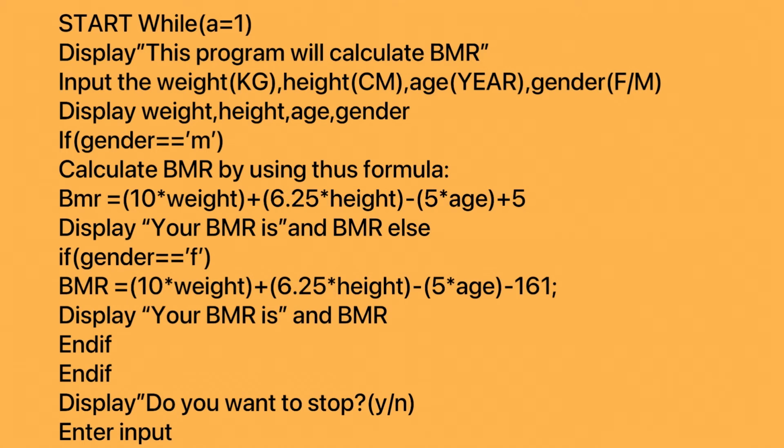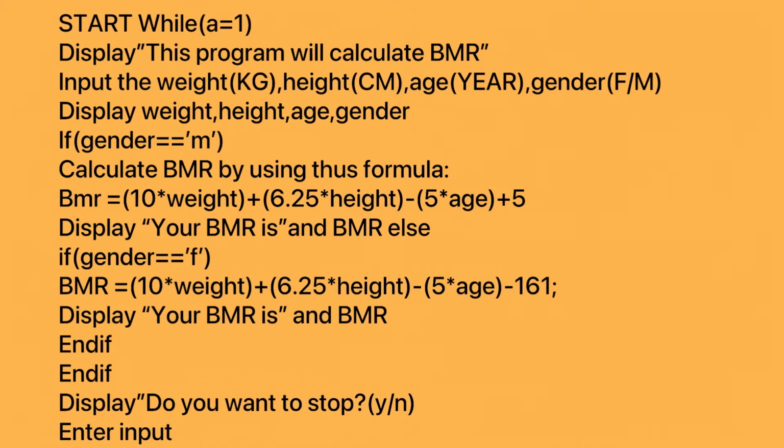So what if the selection turns out to be in here? If gender equals m, which is male, then my program will calculate BMR by using the formula BMR equals 10 times weight plus 6.25 times height minus 5 times age plus 5, and then it will display "Your BMR is" and the calculated BMR.